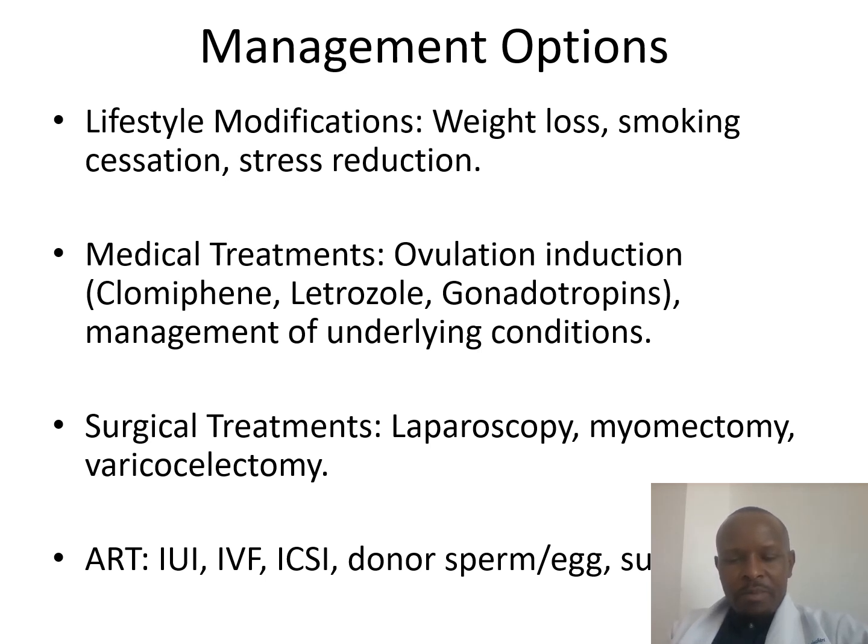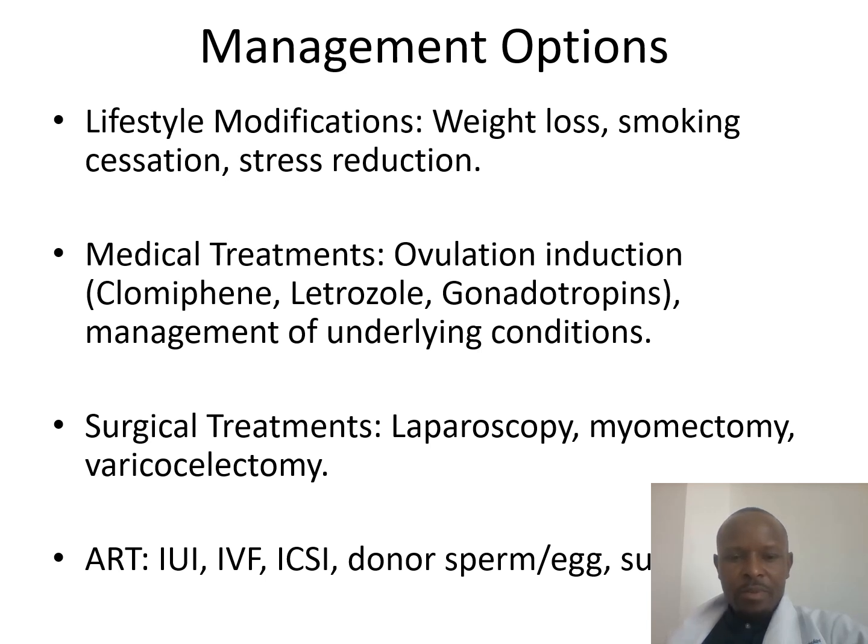Medical management depends on the suitability of the patient, like ovulation induction or hormonal treatment for a male with low sperm count. Surgical treatments may include surgery to remove varicose veins in the male, to remove fibroids in the woman, to open the tubes, and so on and so forth. We'll look at them more specifically when we look at the specific causes.